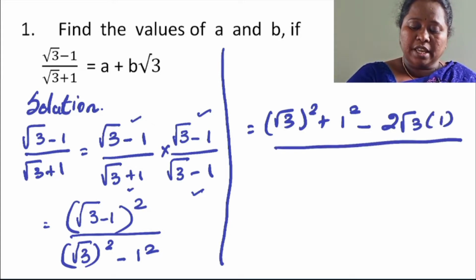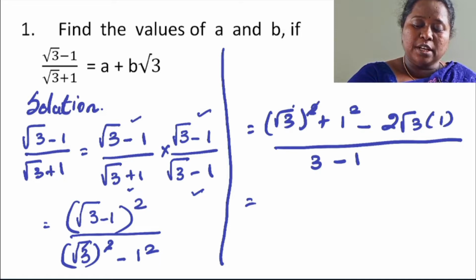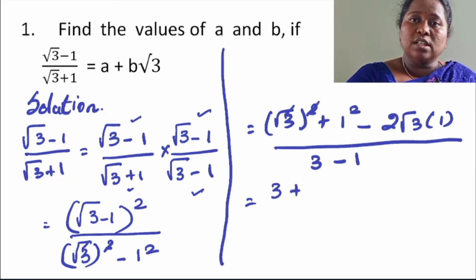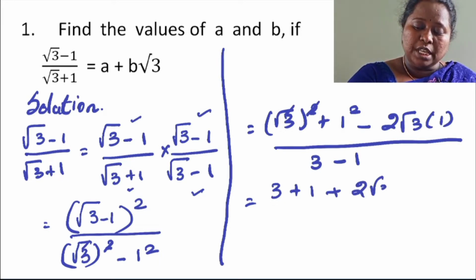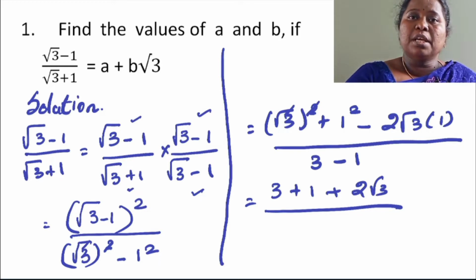In the denominator I have root 3 and square will be getting cancelled. So, 3 will be 3 and the next term 1 squared is 1. So, what I will get? Here also the square and root will be getting cancelled. So, 3 plus 1 squared is 1 plus 2 root 3 divided by 3 minus 1 is equal to 2.